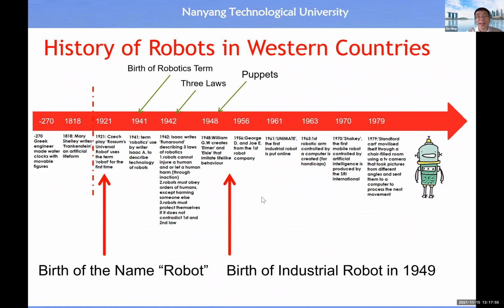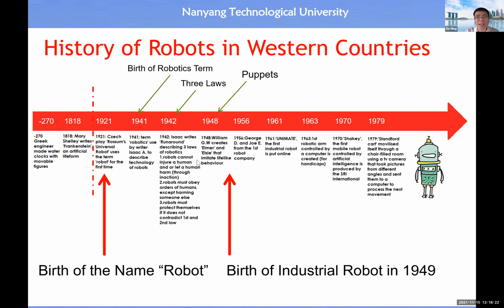All right, and after that, then another important event was the formation of the first robotics company in the world, in USA. So this slide basically highlights to you the important events in the modern history of a robot or robotics.